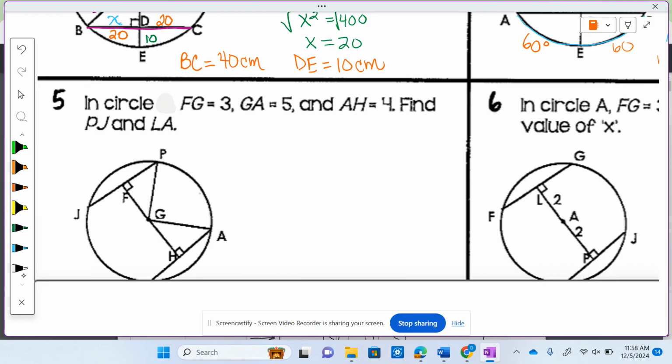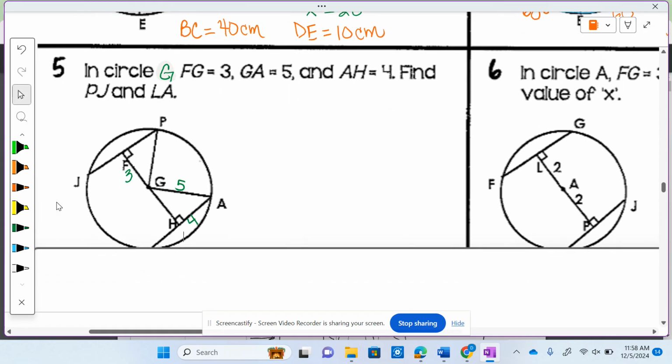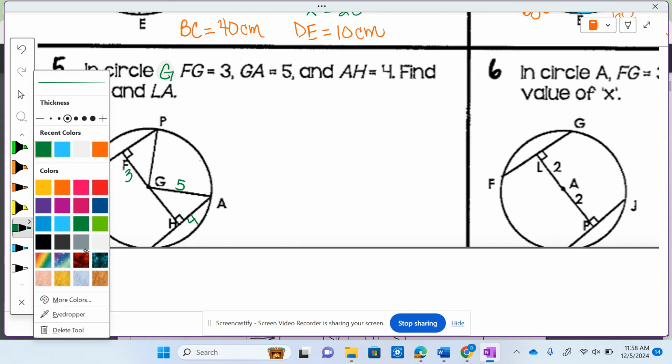Yeah, that's the center of the circle. The center of the circle is G. So in circle G, segment FG is 3. Segment GA is 5. And segment AH is 4. Find PJ and LA. And I'm assuming that L is way down here.